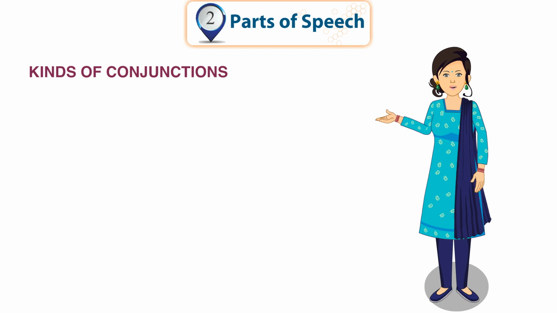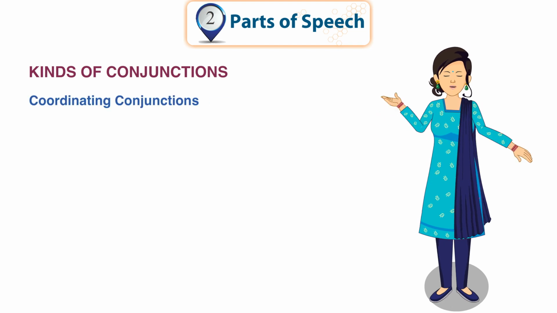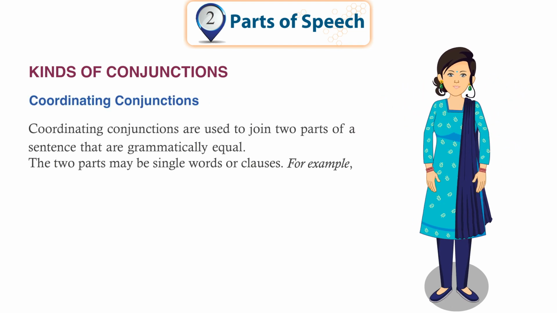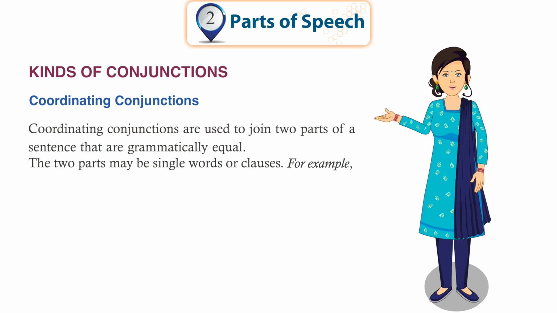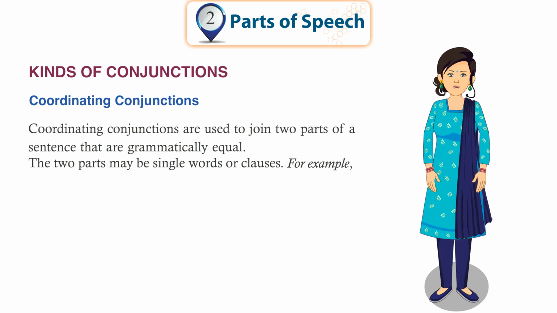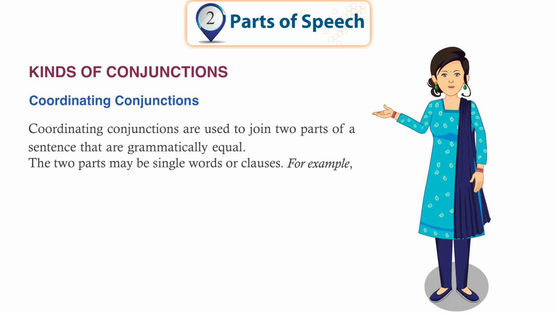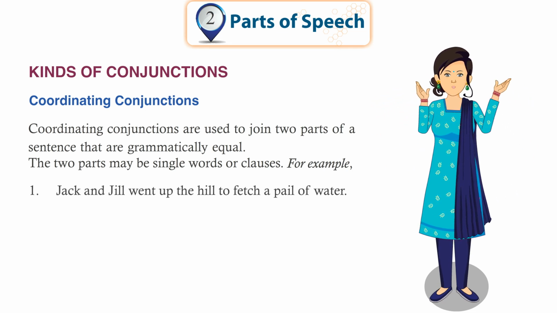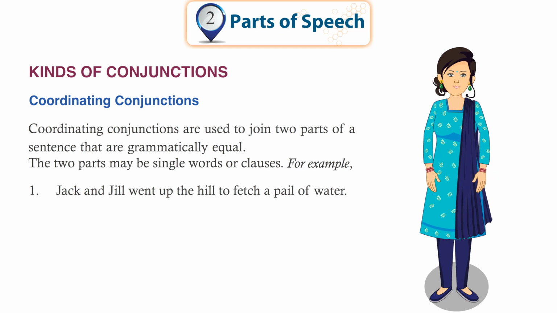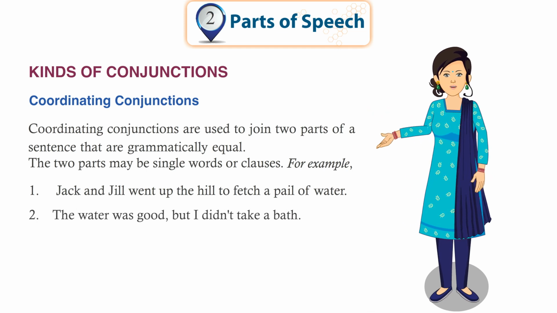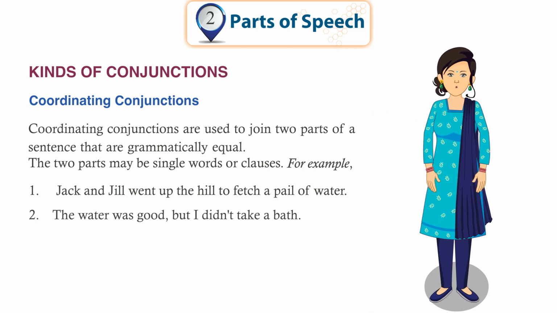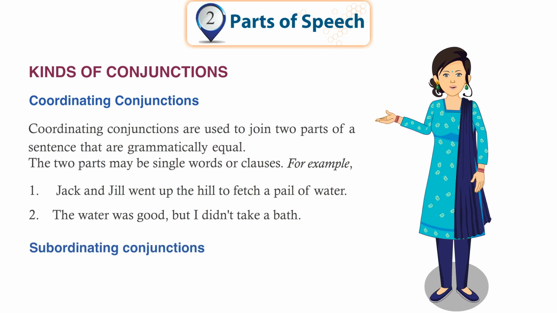Kinds of conjunctions. Coordinating conjunctions. Coordinating conjunctions are used to join two parts of a sentence that are grammatically equal. The two parts may be single words or clauses. For example, Jack and Jill went up the hill to fetch a pail of water. The water was good, but I didn't take a bath.